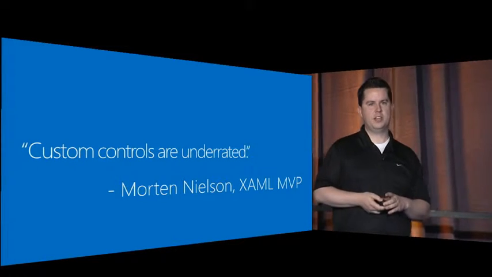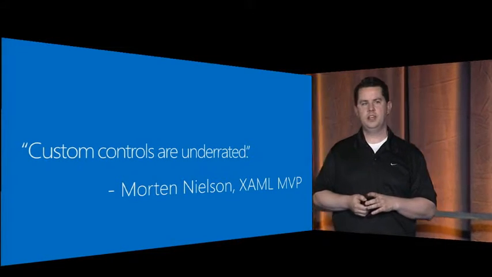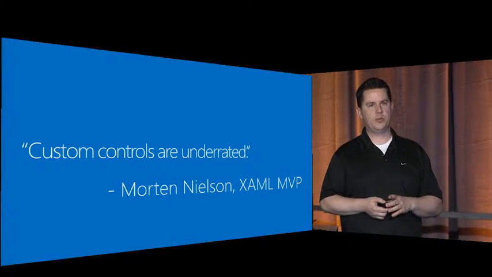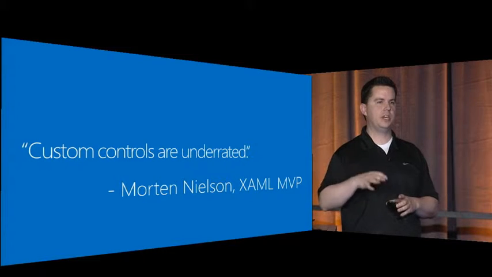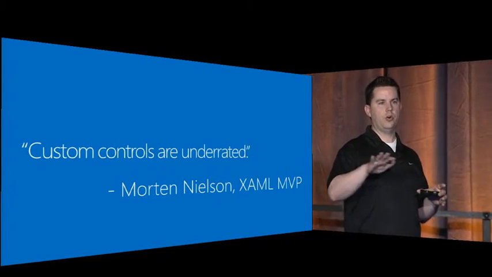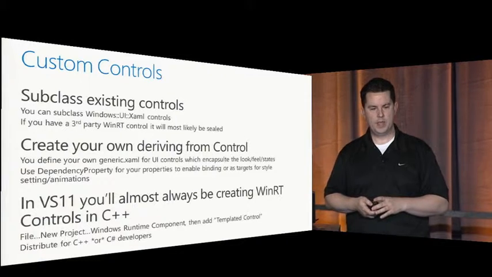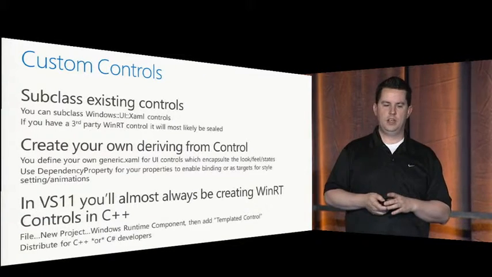I like this statement because it's very true. Custom controls are a very underrated mechanism in the XAML framework. And when you think about encapsulating your logic, even within your application, or spreading it across multiple applications within your own company or your own product, you should be thinking about custom controls over user controls. There are different ways that you can do this today.